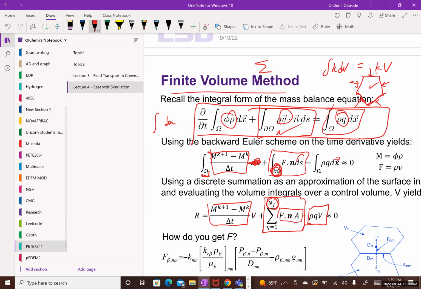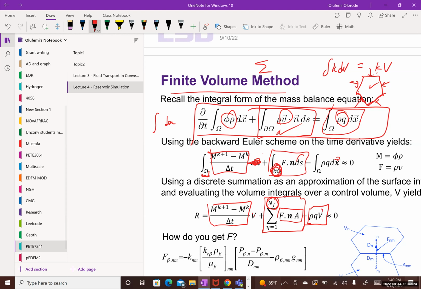What's flux times area? We've talked about it before, so someone has to figure it out. It's mass rate, rho AV, right? Flux is rho V. So rho V times A is rho AV, mass rate. So each term here is actually mass rate.